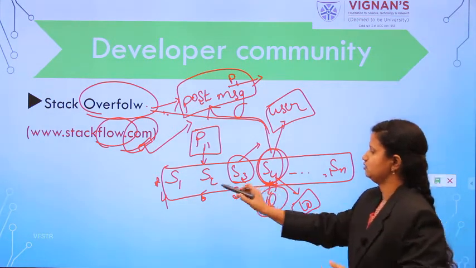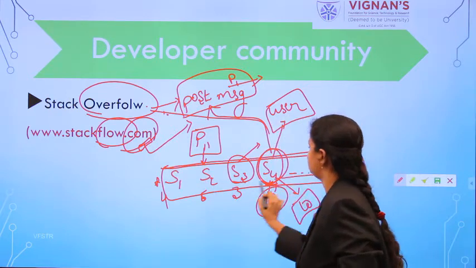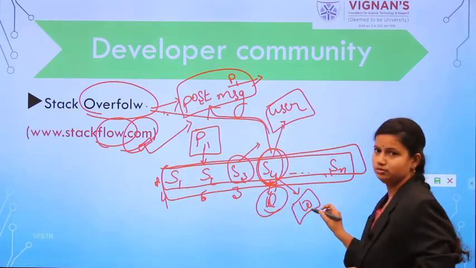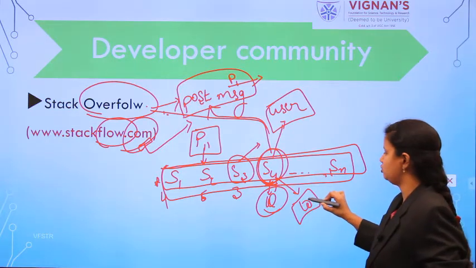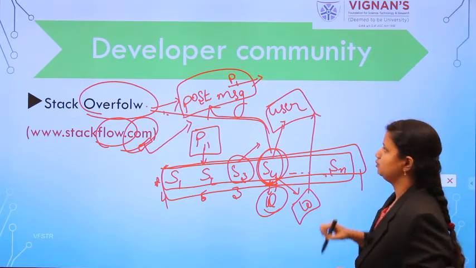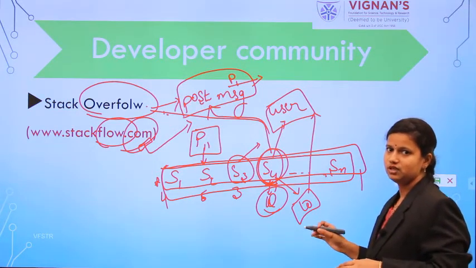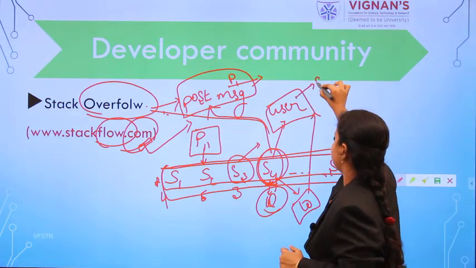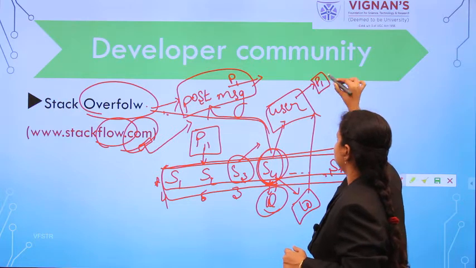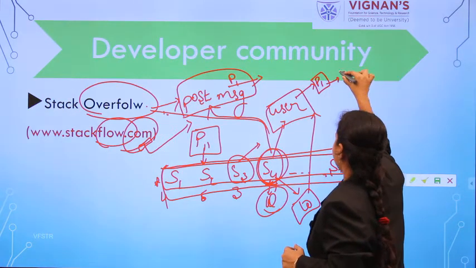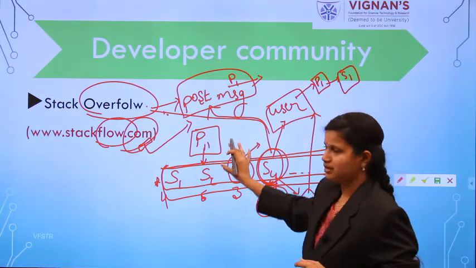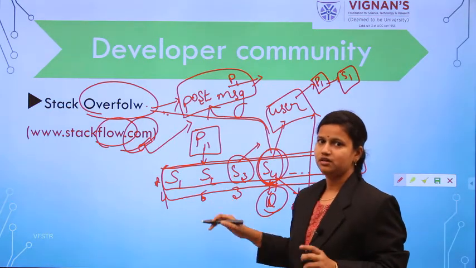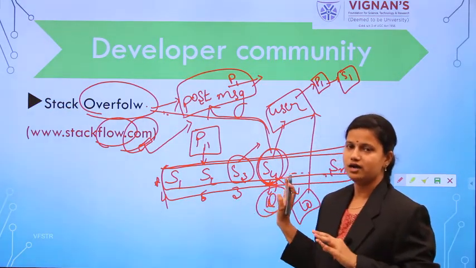Whichever solution has the highest rating, that solution is suggested to the user of the present posting as P1. For example, just assume the P1 problem will be solved using only the S4 solution. P1 is a problem and S4 is a solution.